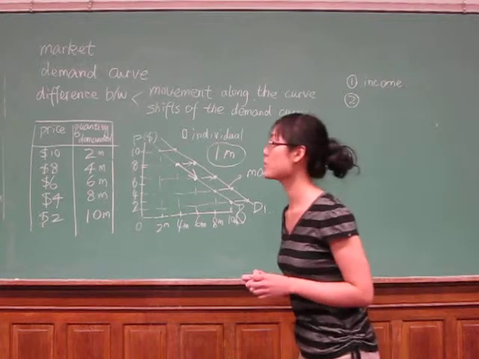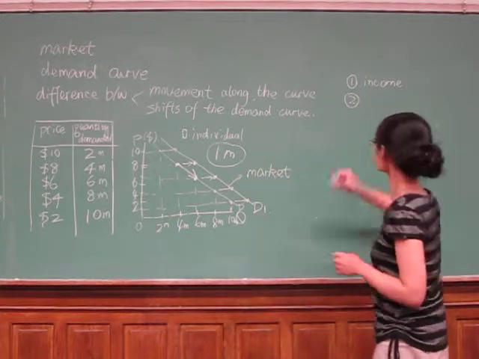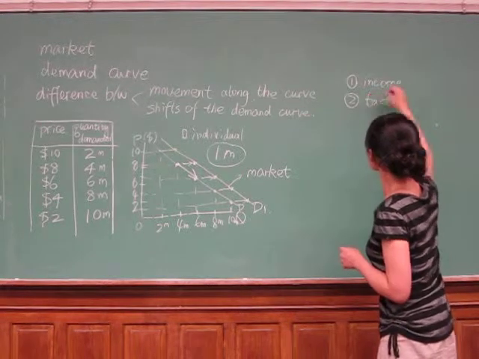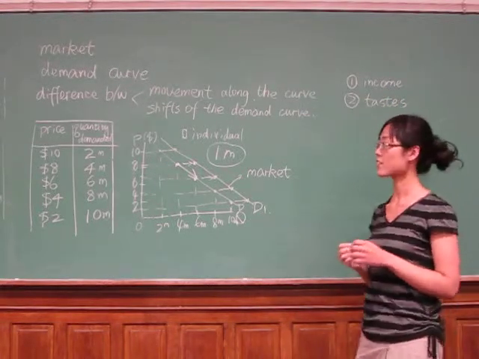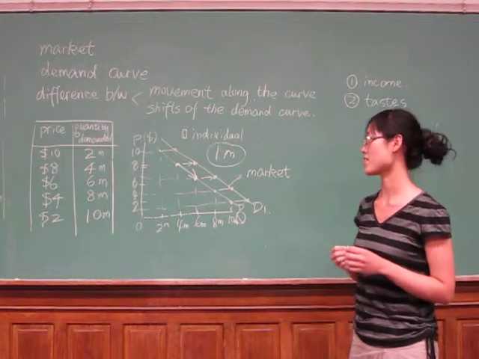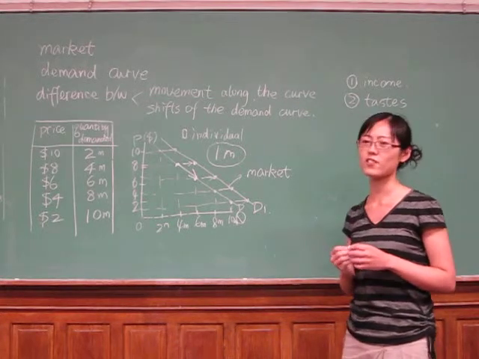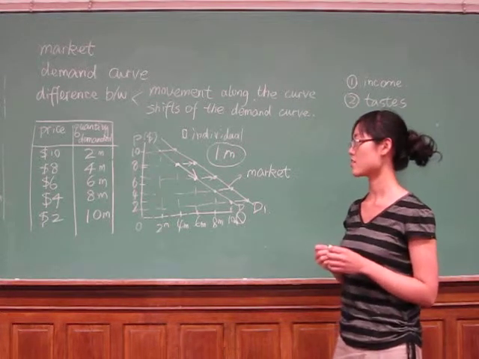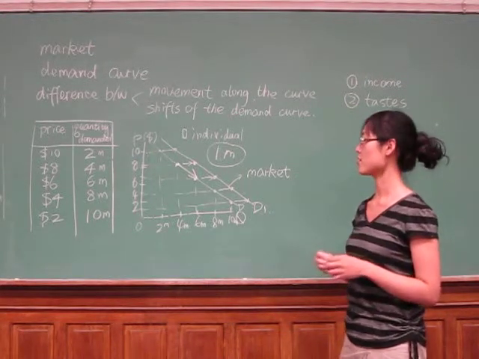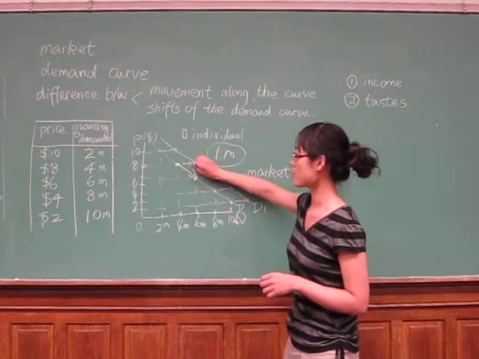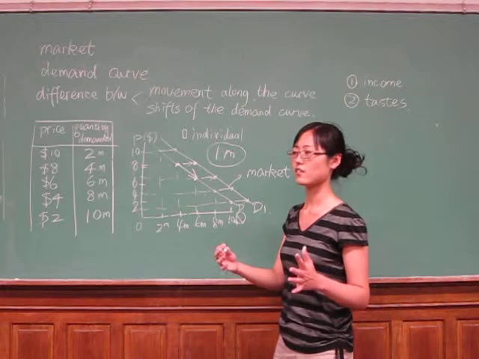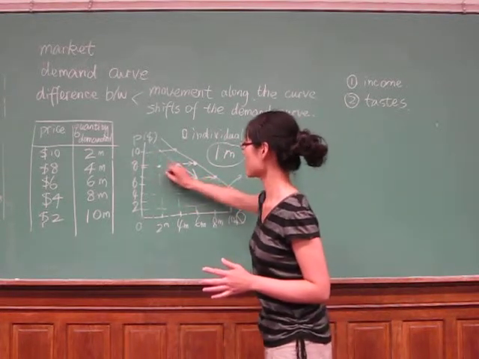And the second example, taste. For example, new research just came out saying that coffee is not good for health. So maybe a lot of people want to drink less in order to keep healthy. So at a given price, they want to consume less. They wouldn't buy the same amount as they bought before.